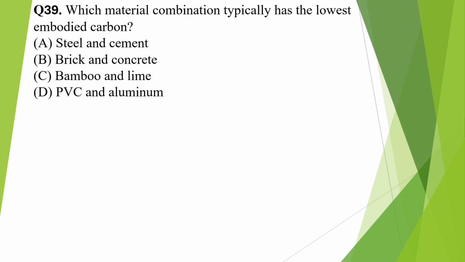So here is the 39th question for those who have completed question number 38. It is asking about which building material combination typically has the lowest embodied carbon. So it is asking about embodied carbon.